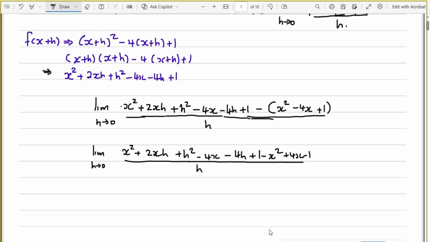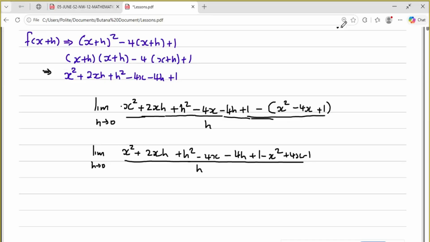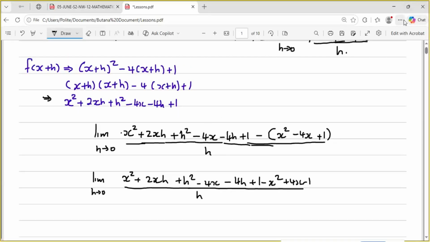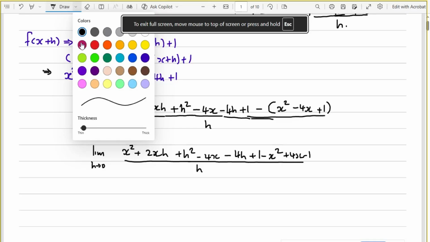Can you please give me a response as I continue with this one? So now I'm going to look at the like terms and cancel out those like terms.